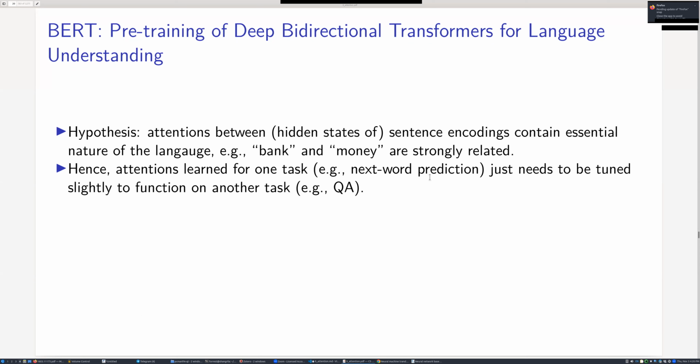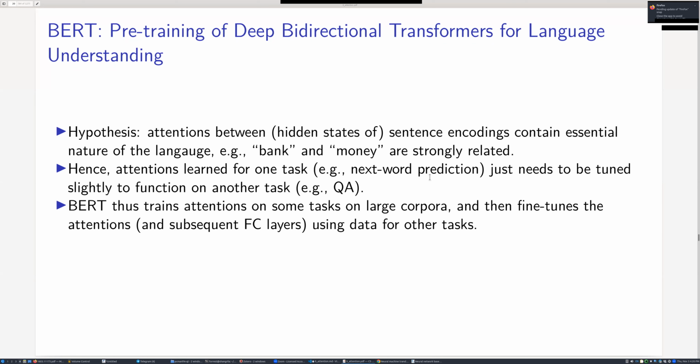I just gave you one example, right? Where you have summarization and question answering, okay? So those knowledge we can transfer them. Therefore, BERT's idea is that it will train attention on a task using a large corpus or large corpora, and then we fine-tune the attentions using the data for another task.